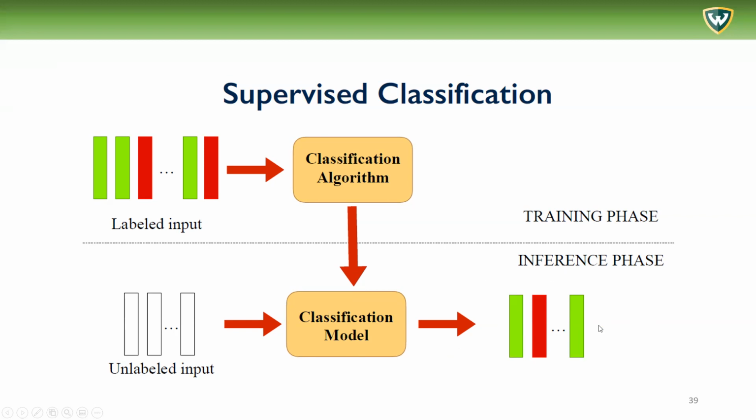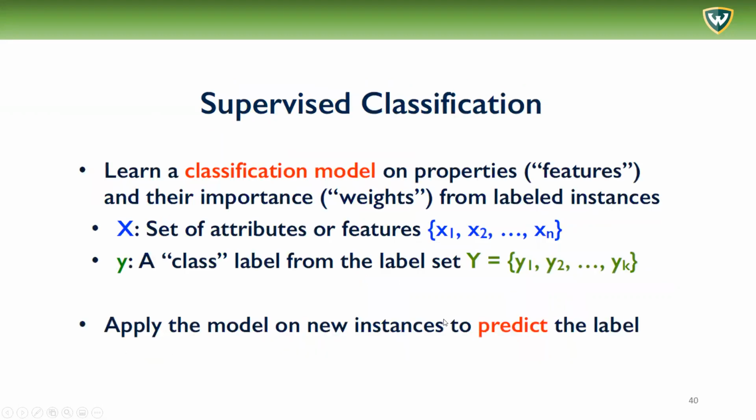So you may need to go back to this unlabeled input and actually assess it to match with the classification model. In supervised classification, classification models learn on properties or features of that piece of text, and also there has to be a way to identify the importance of these features.